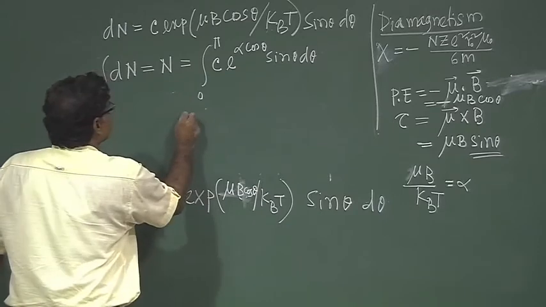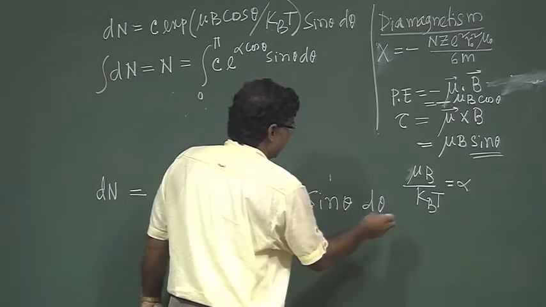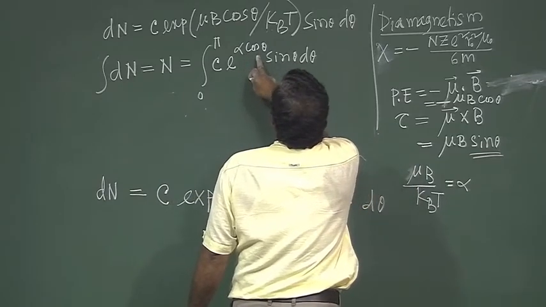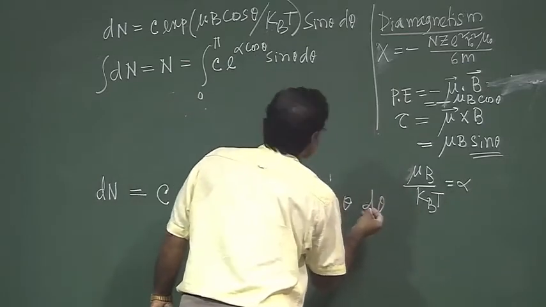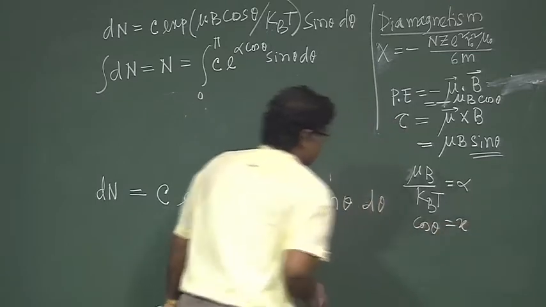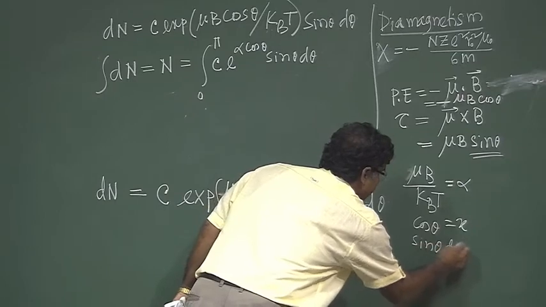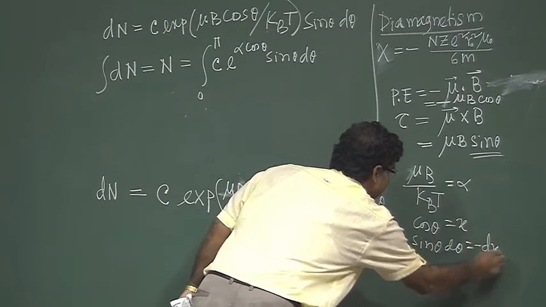And then I will take cos theta equal to x, then sin theta d theta equal to minus dx, right.